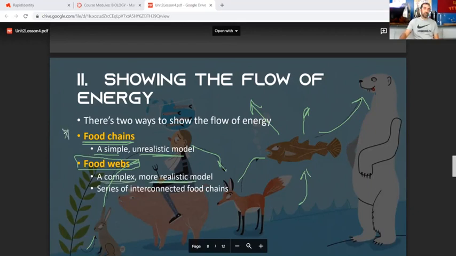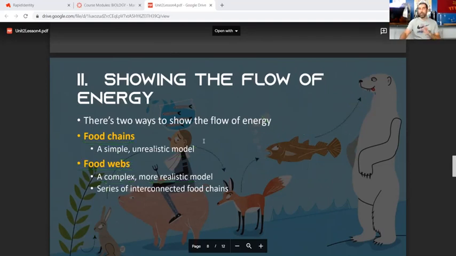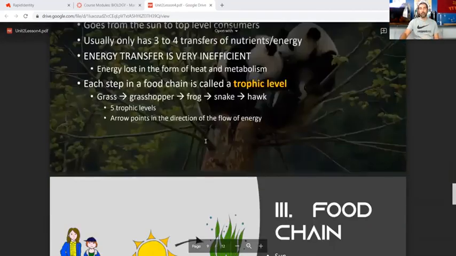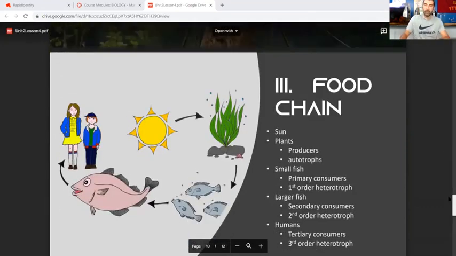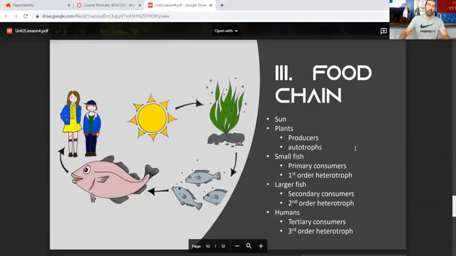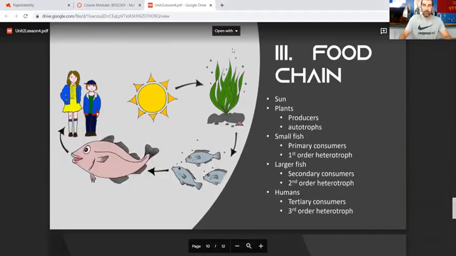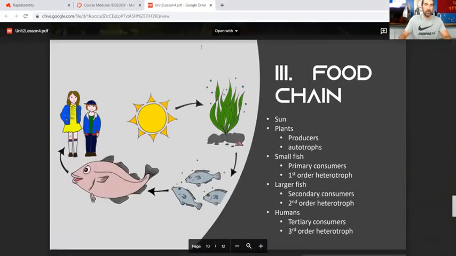Now, you will see some of these on the EOC, and you will see some on the test. But we're going to wait till tomorrow to discuss these in detail. There is one that I want to use today because I can basically summarize all our information from today using this food chain. What this food chain shows you is the sun, the plants, small fish eaten by larger fish eaten by humans.